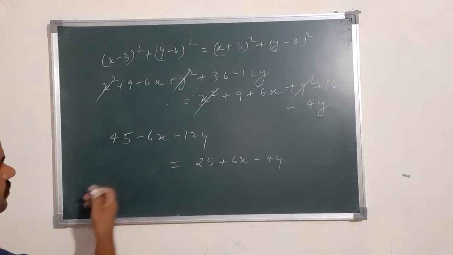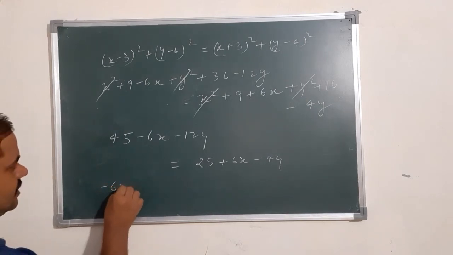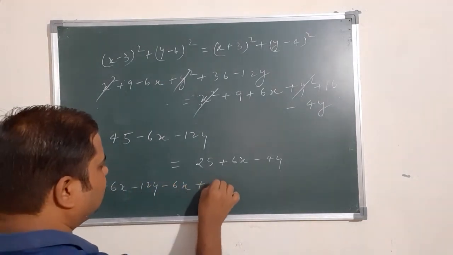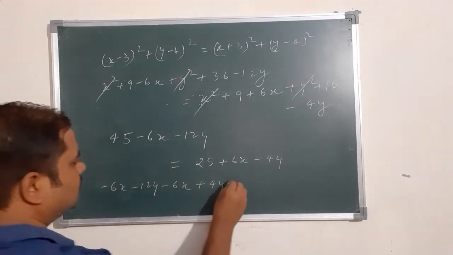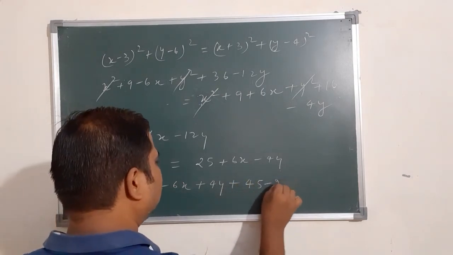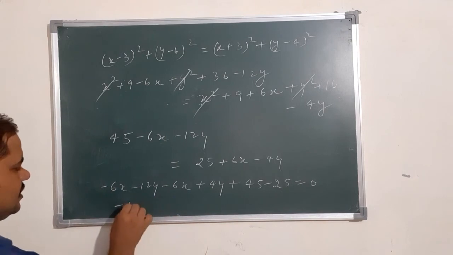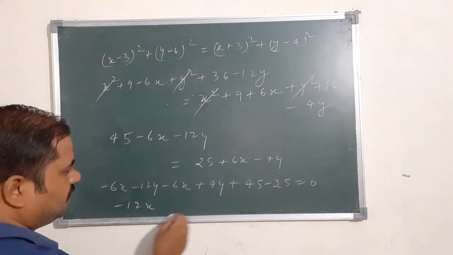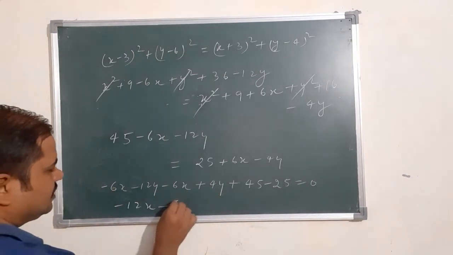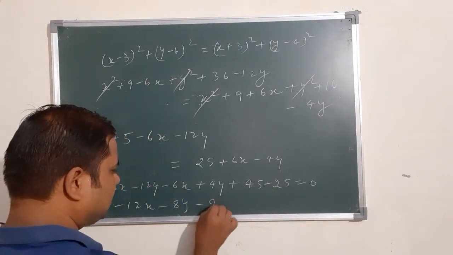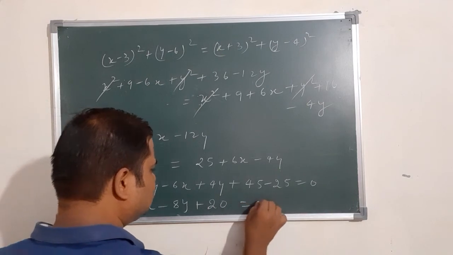So all the terms we will transfer here. So −6x −12y −6x +4y, and also +45 −25 is equal to 0. So −12x −8y +20 is equal to 0.